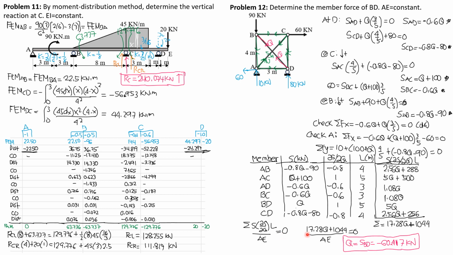So equating it to 0, divided by AE equals 0. So AE times 0 is still 0. That means Q is negative 1044 over 17.28. So Q, which is S_BD, is negative 60.417 kilonewtons. The negative sign tells us that it is in compression. So that's it for this video.